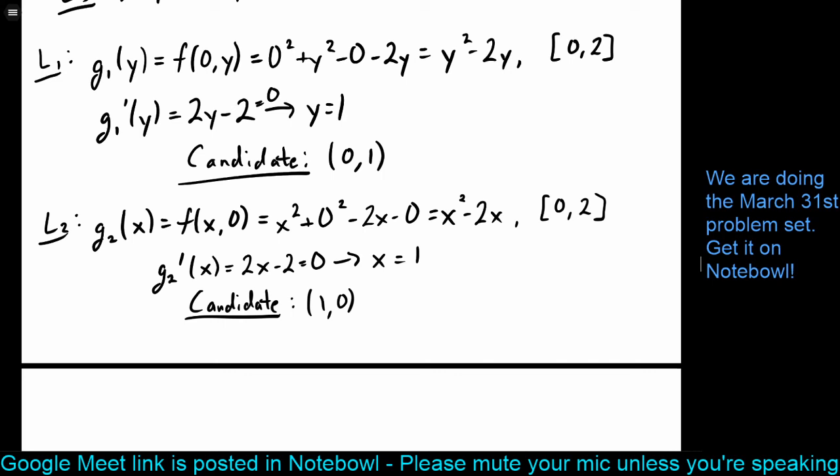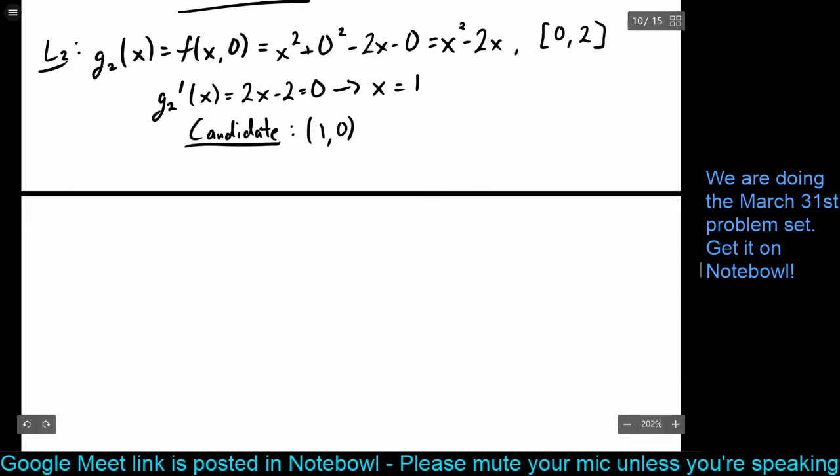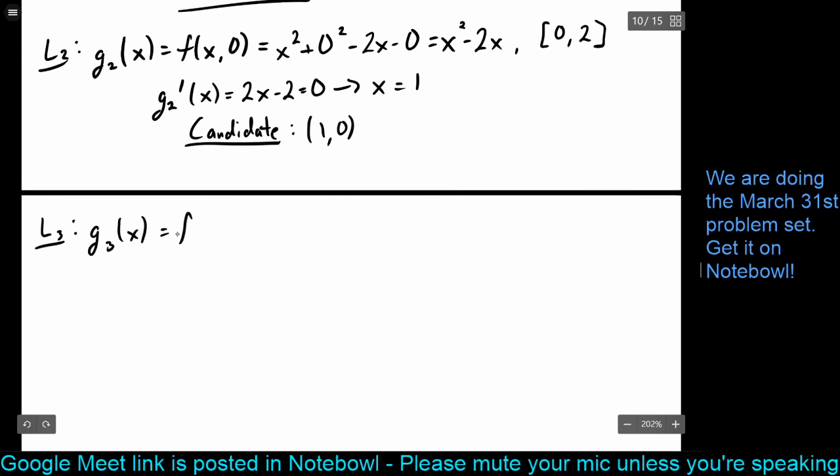All right, excellent. Now we do it for L3. We've set this up to be a function of x, where y is equal to 2 minus x in this case. So we've got to plug all that stuff in, minus 2 times x minus 2.